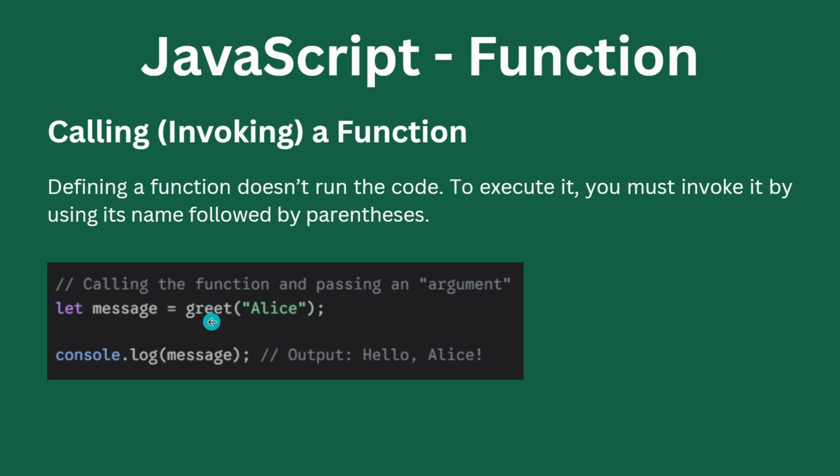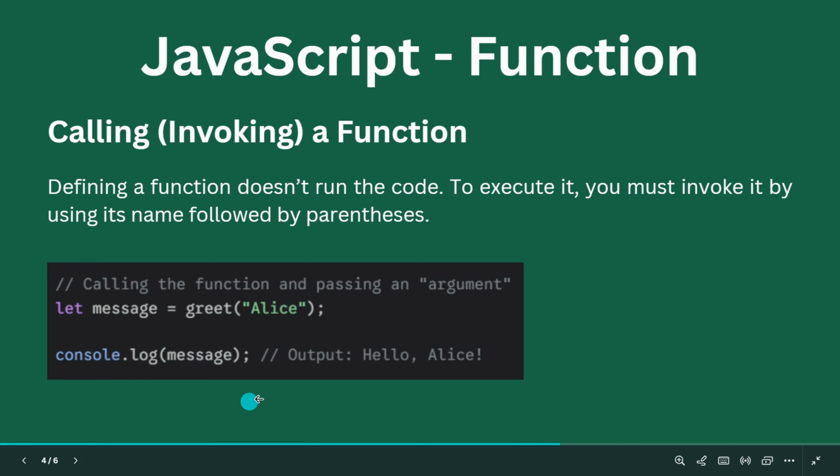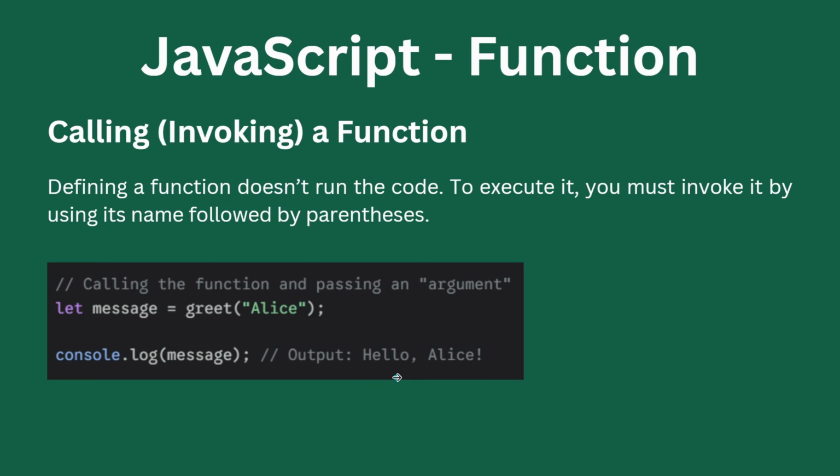We assign it with the function named greet, and we give Alice as the input parameter name. And then we can check the output of music using console.log. You will get the output: hello Alice.